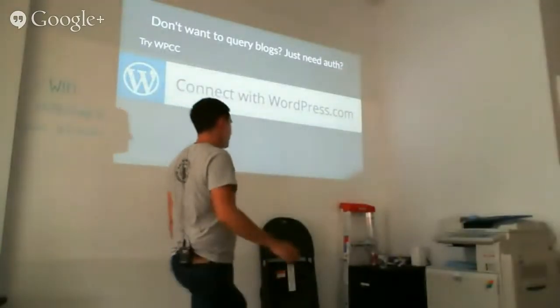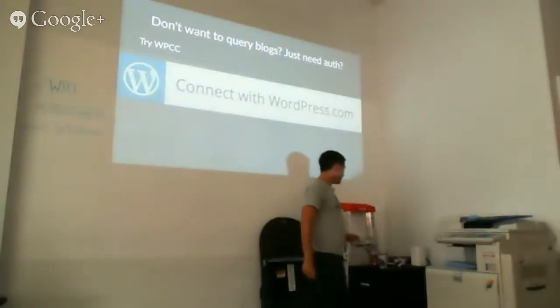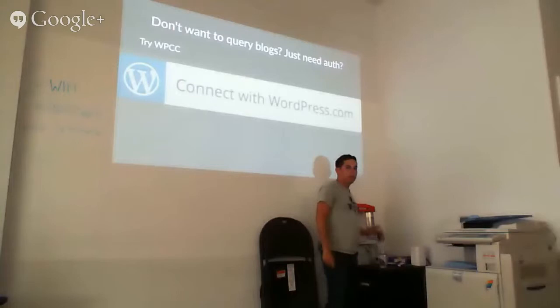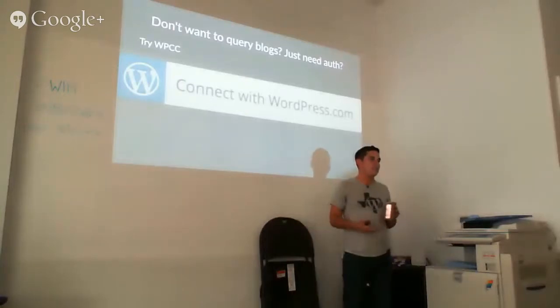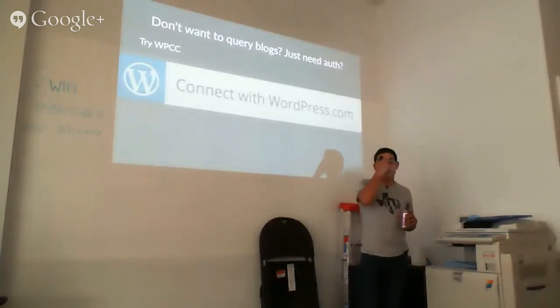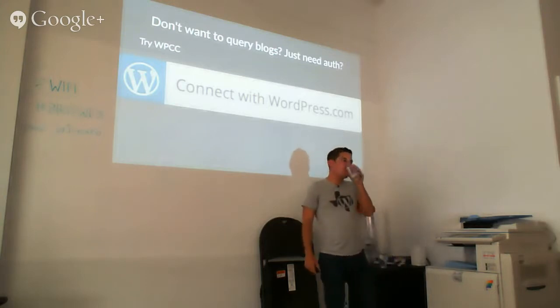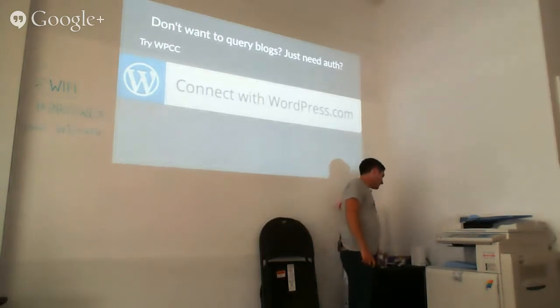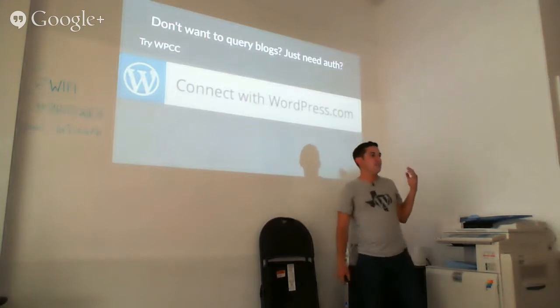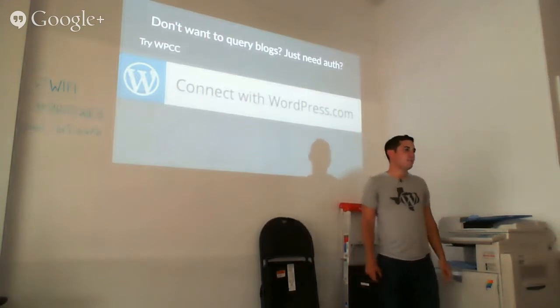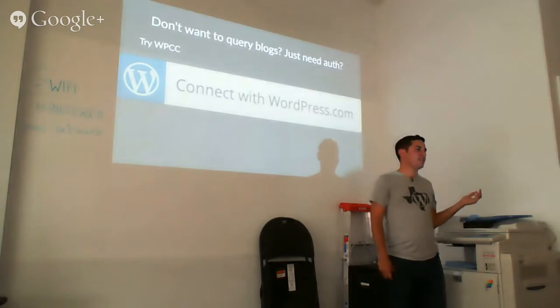There's a few integrations that we've kind of simplified with the REST API. If you don't need to use all of the features in the REST API, these are kind of helpers for either interacting with the API or just basically a subset of it. So if you just want authentication, so you have an application and you don't want to create your own user system, you could use Facebook Connect or Twitter Connect.